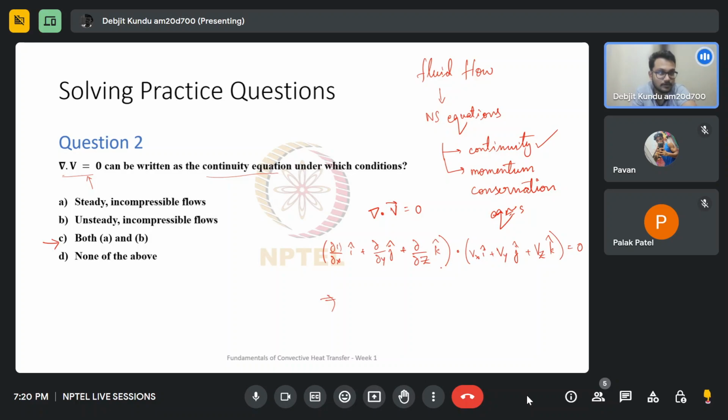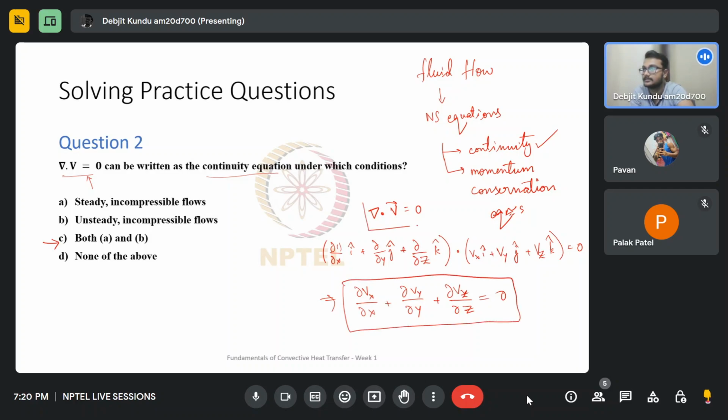Then if we do the dot product between these two vectors, we will be left with ∂vx/∂x plus ∂vy/∂y plus ∂vz/∂z equal to 0. So writing this is the same as writing this.